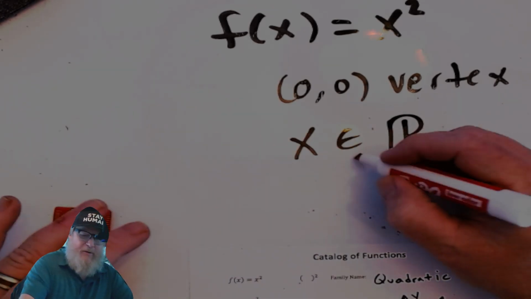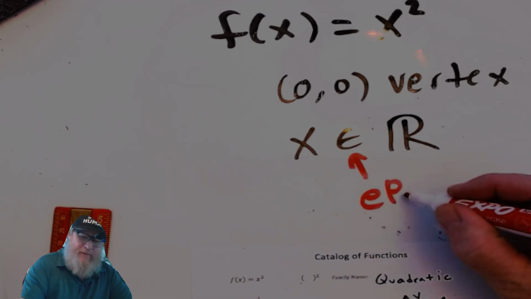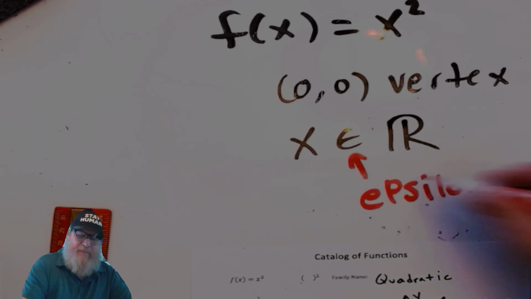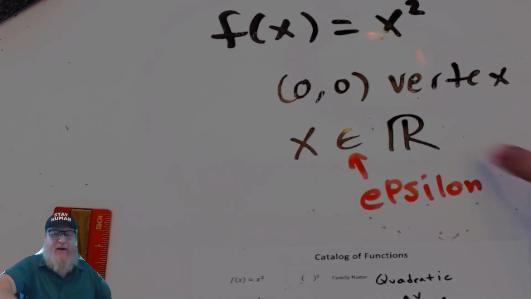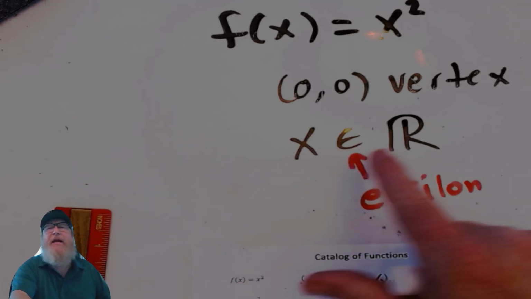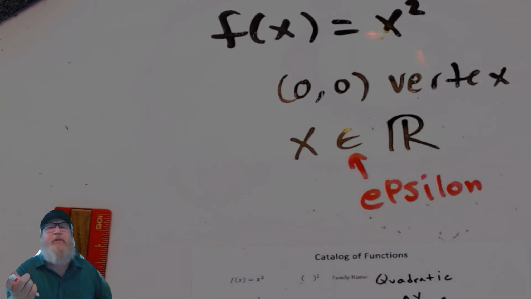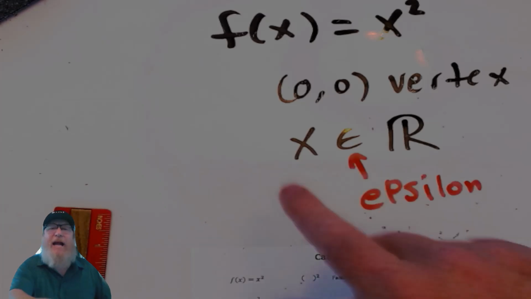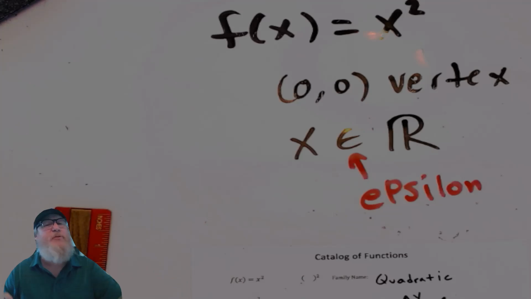It's the Greek letter epsilon. And then I already mentioned this fancy double-barred R means real numbers. So this means x can be any real number, or x is any real number, or x is an element of the set of all real numbers. Those all mean the same thing.